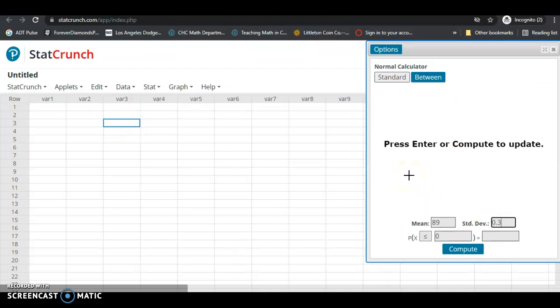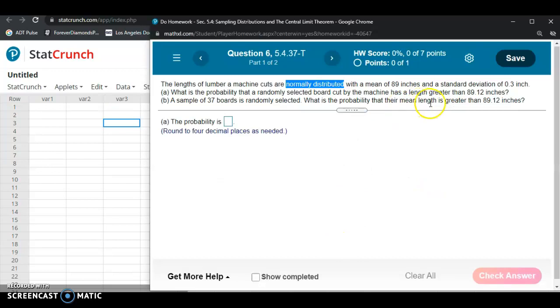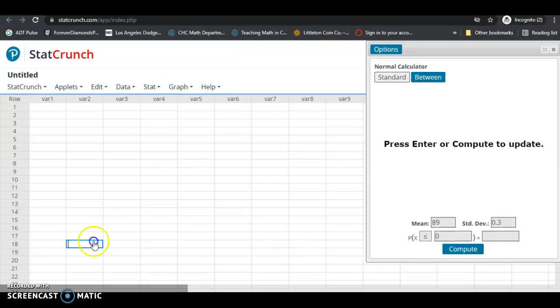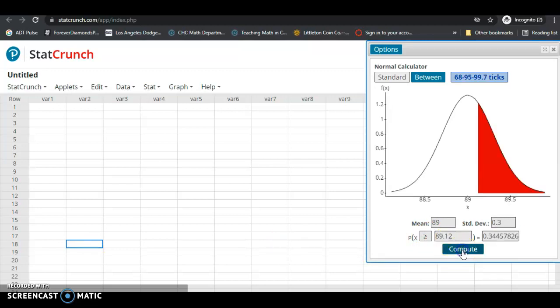And we want to know the probability that the length of that board will be greater than 89.12 inches. So we're going to select the greater than or equal to, and then type in 89.12 in the box, and then click compute, and then the probability goes here.